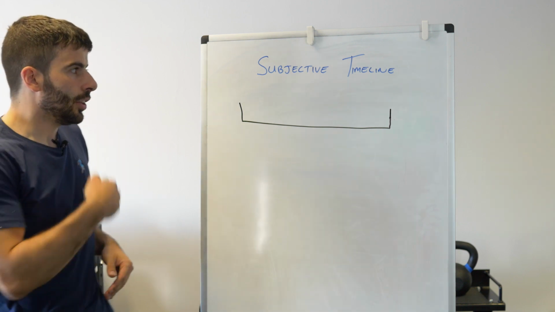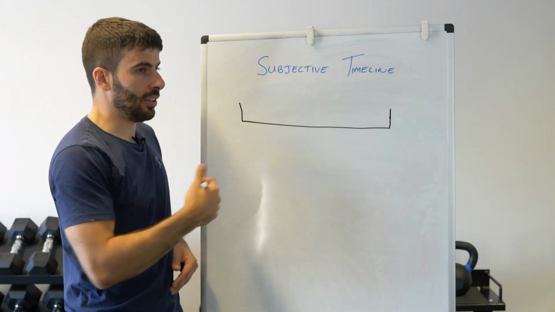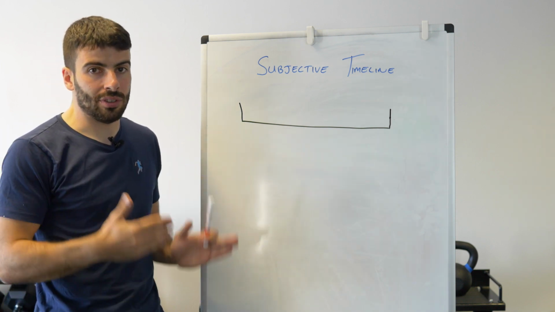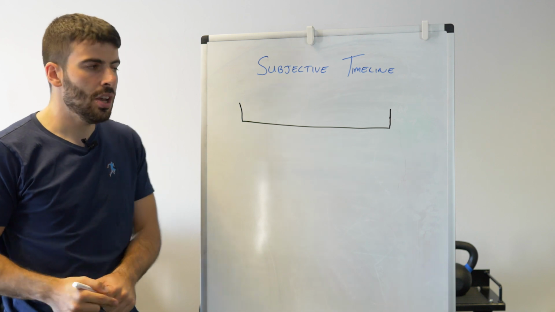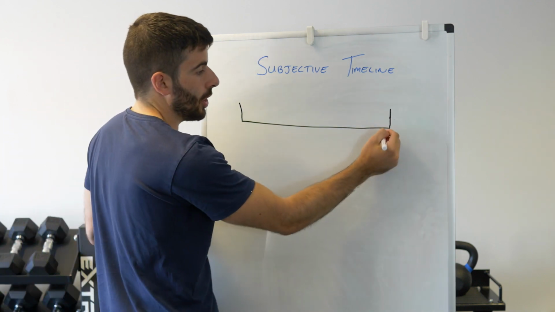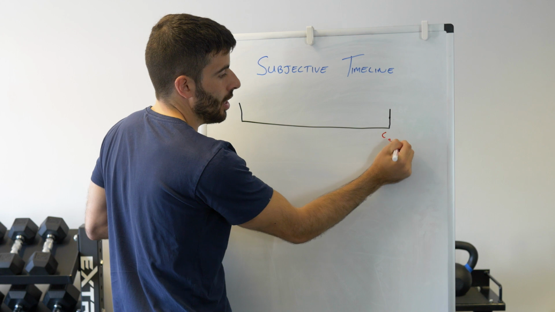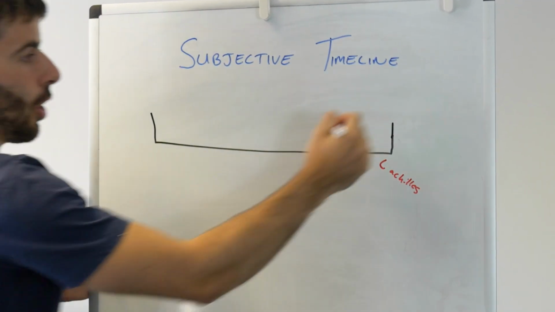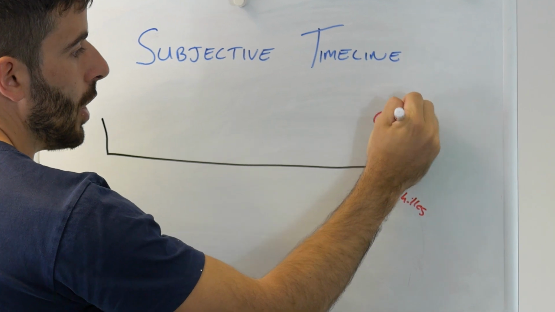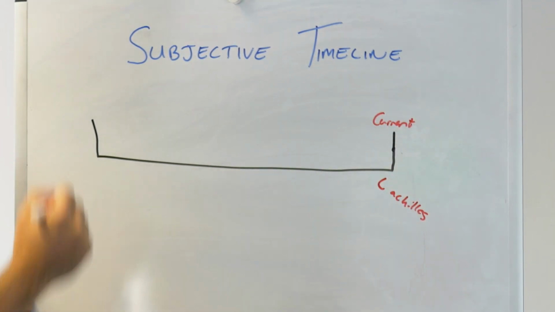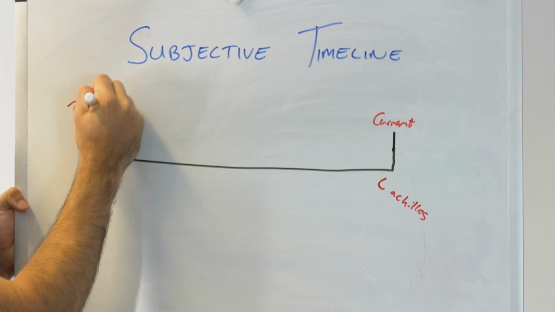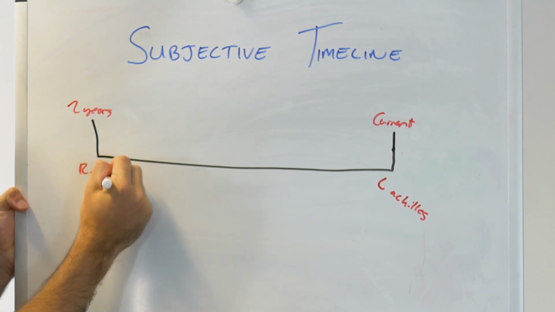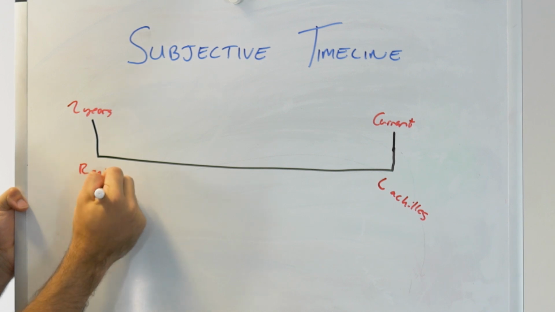Okay, so the real power with this is giving a visual representation of all of the stressors that the patient has been through in the past. A really simple example: somebody comes into me with a left Achilles, so they get left Achilles pain when running, let's say for argument's sake. That's their current problem. Now, if we went through this person's history, let's say 2 years ago they suffered a right ankle sprain, recovered from that fine, and got back running.